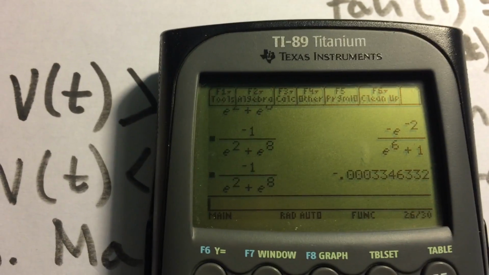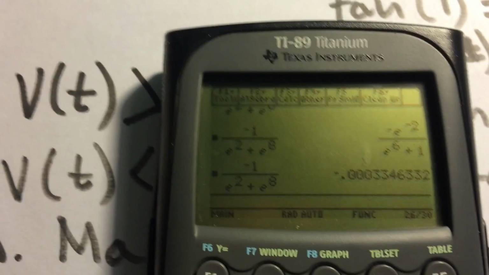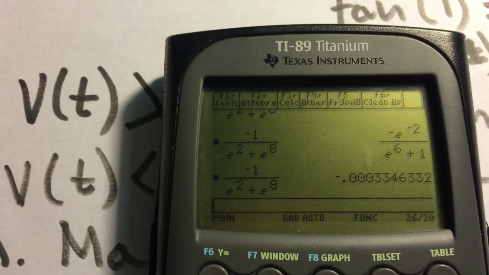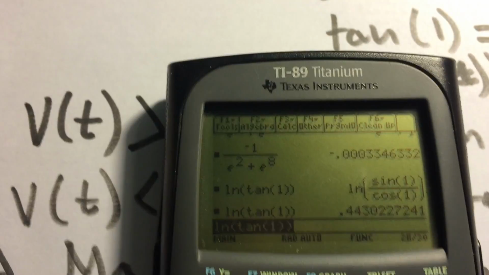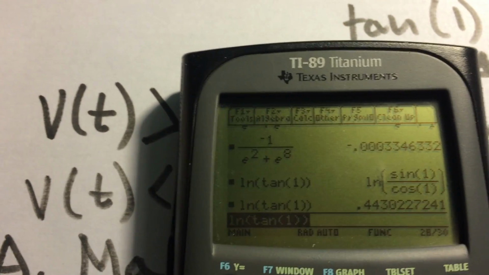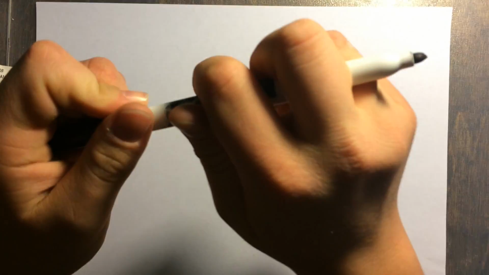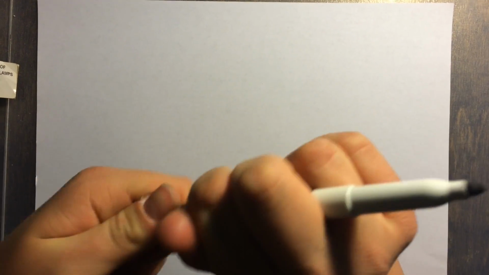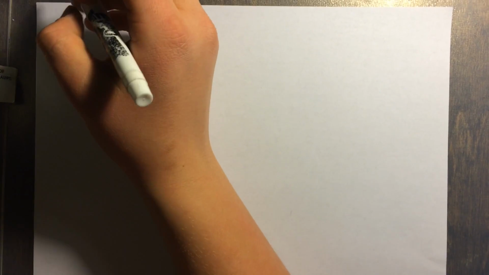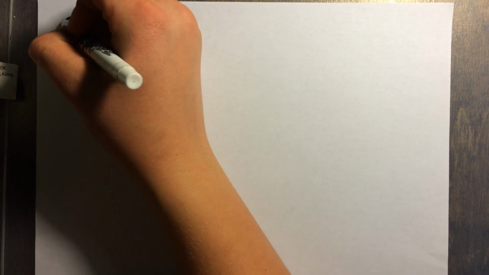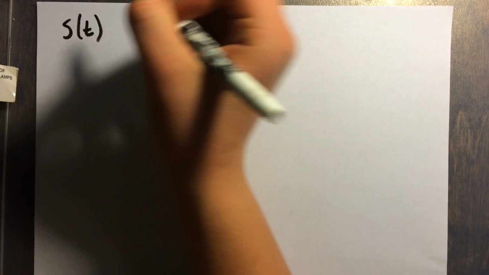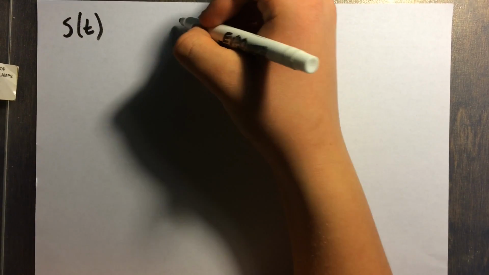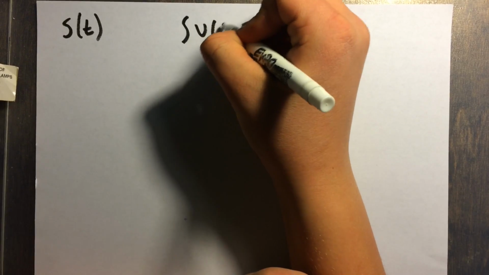Now, looking at the calculator, we must also find the decimal value for the value found in part C, approximately 0.443. Now, finally, for part D, we must find the position of the particle at time t and see if the particle is moving toward or away from the origin. To find the position, we must find s of t. s of t is the integral of v of t.